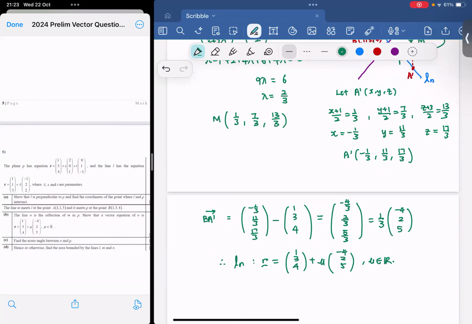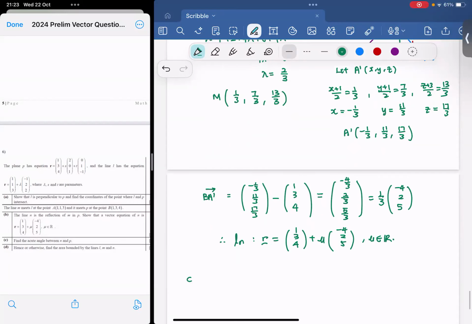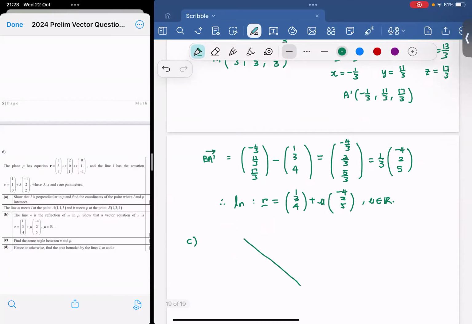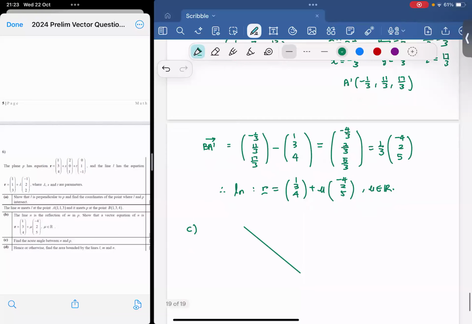Next, find the acute angle between the line N and the plane P. This is the line, then this is the plane, and this is the angle. Instead of finding that angle, we find this angle alpha first.